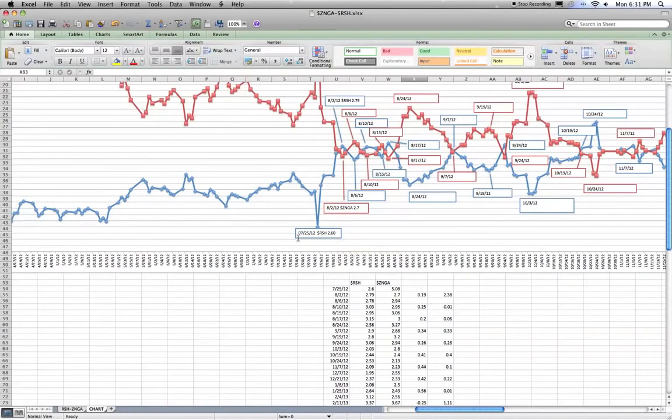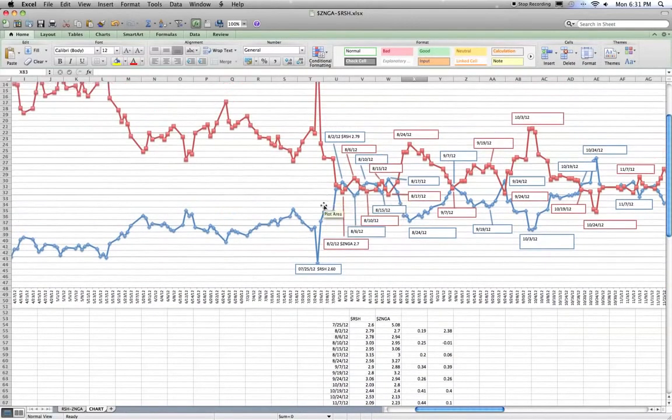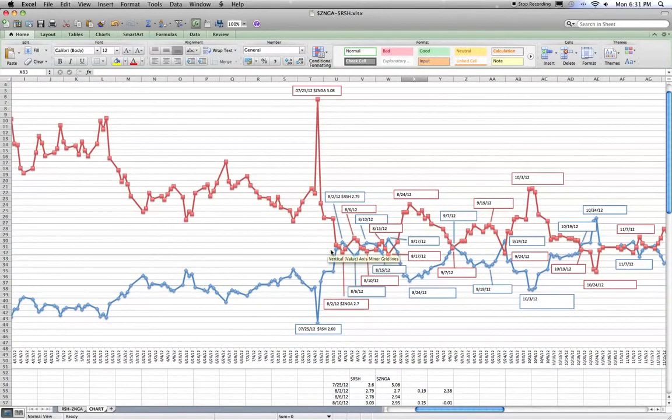So basically, you would have bought Radio Shack on July 25th, and then you would have sold it on August 2. And whatever the difference was your profit, because you were buying this one, selling it here, and then shorting ZNGA, and then buying it back down here.